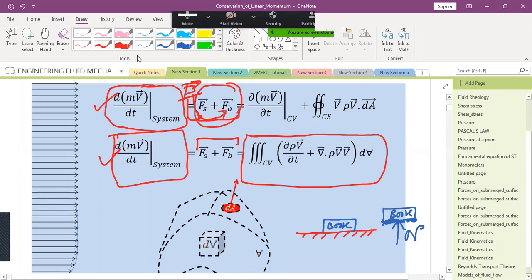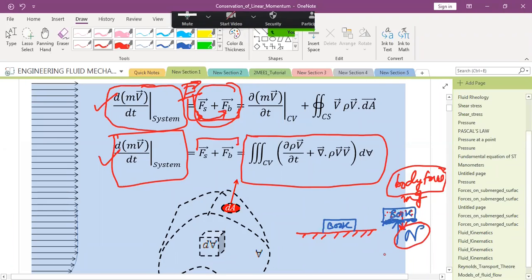Gravitational force, mg. So mg will be acting on each and every part of this book, but I could show this with a single vector at its center of gravity. So this is the body force, one of the body forces. You can have other body forces also, and this is the surface force. So in mechanics you essentially deal with these two categories of forces.